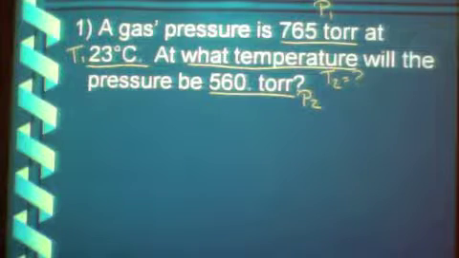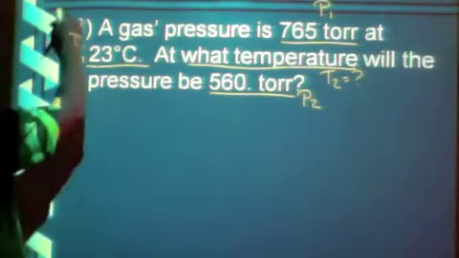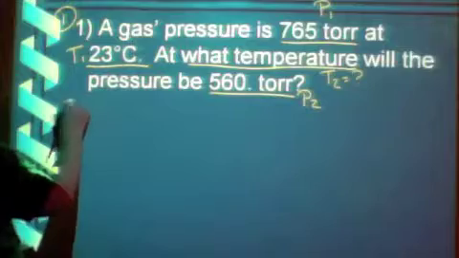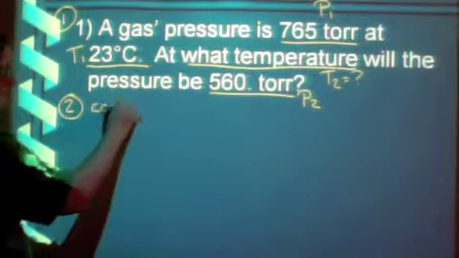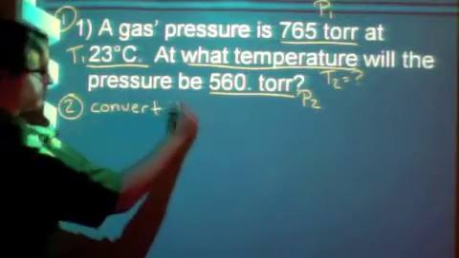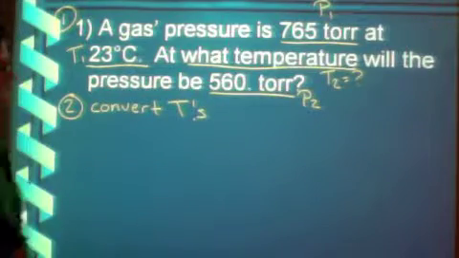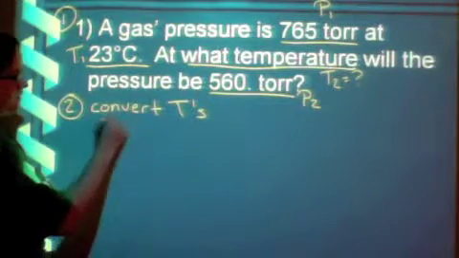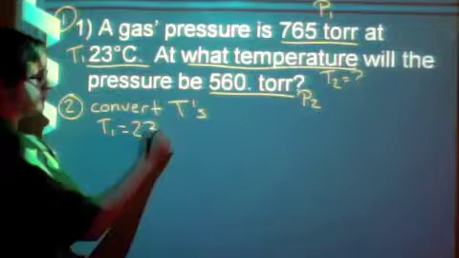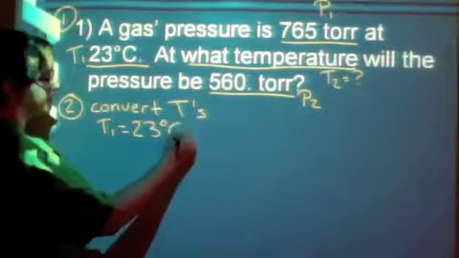Now, that's step one. Step two is whenever you have temperature in the problem, you need to make sure you convert to kelvins. So step one is to label. Step two, convert your T's. So this means T1 is 23 degrees Celsius.